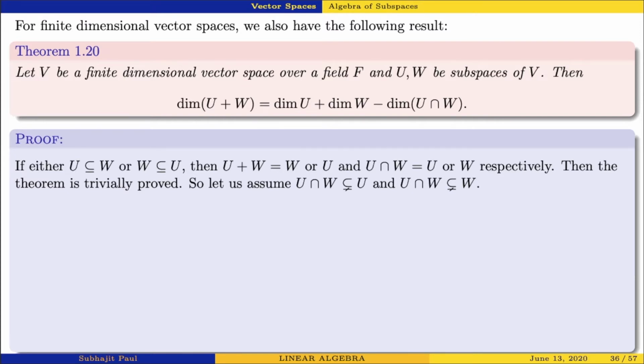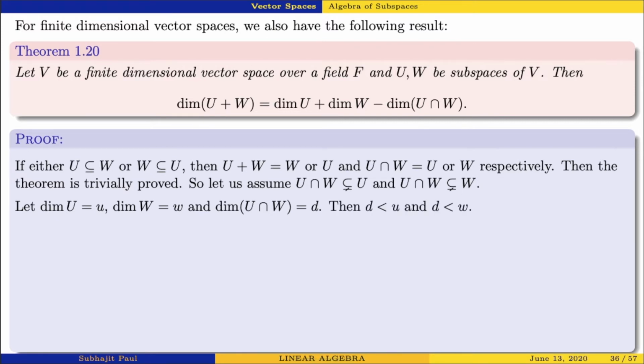U intersection W is a proper subset of both U and W. Now let us name the things. Dimension U as small u, dimension W as small w, and dimension of U intersection W, let us call that d. Then d will be strictly smaller than u and strictly smaller than w as well.